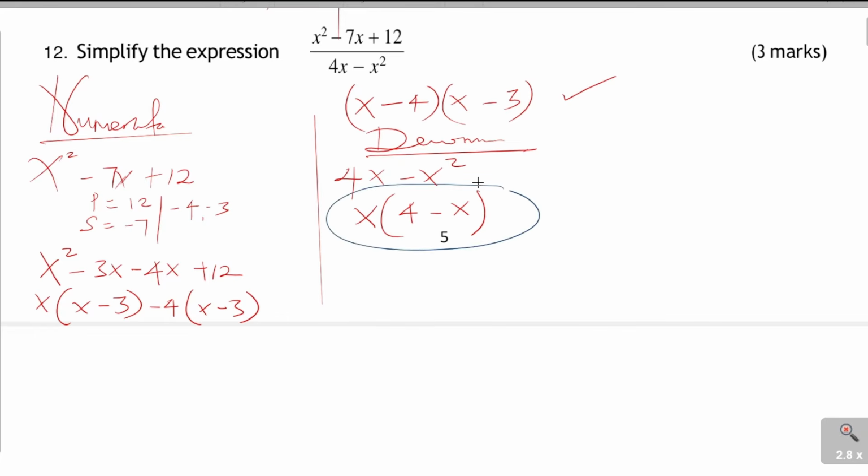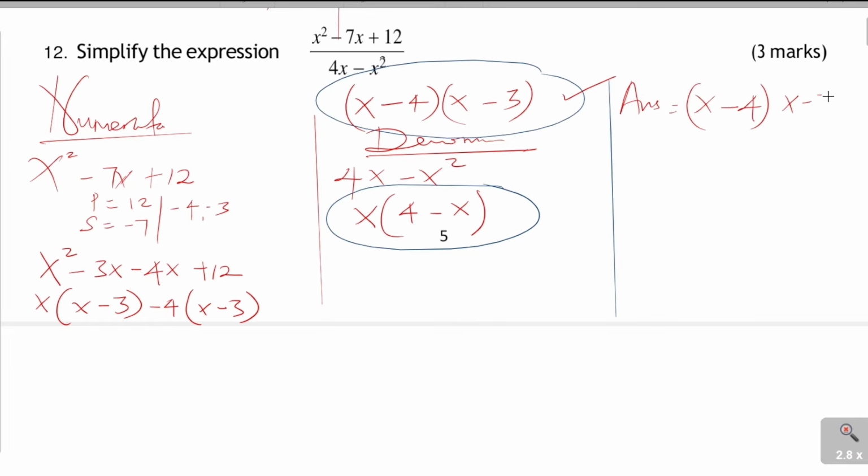Now you're supposed to divide. So for the solution, you shall have x subtract 4, x subtract 3, and then divided by the denominator x, 4 subtract x.